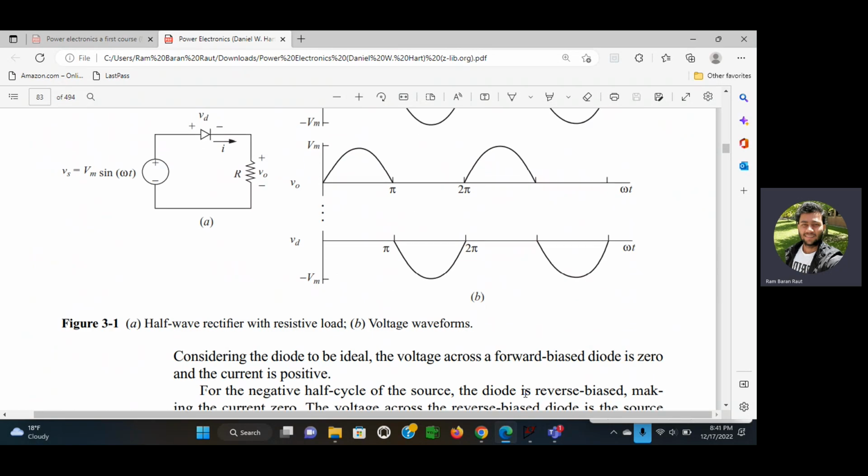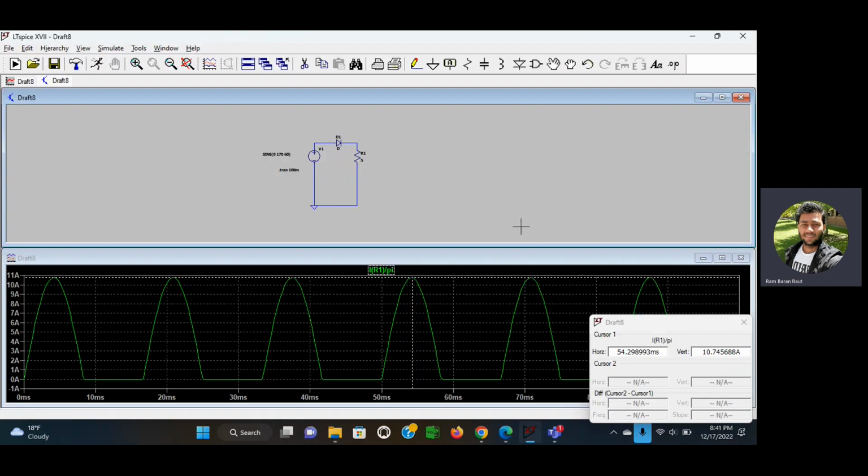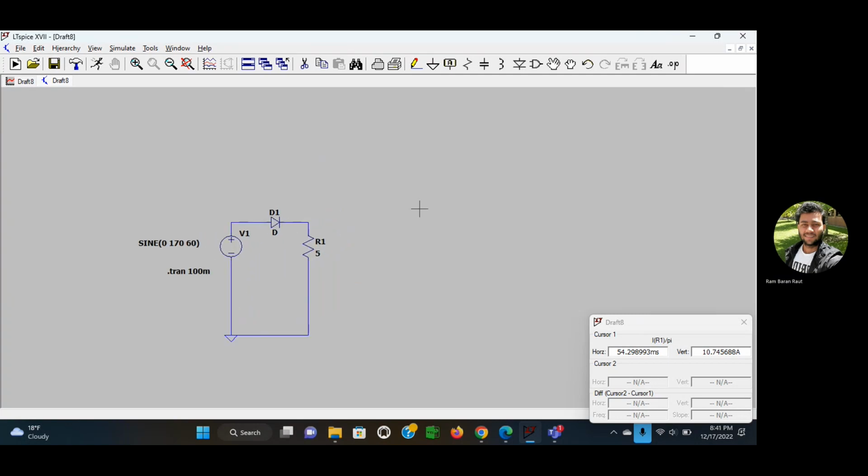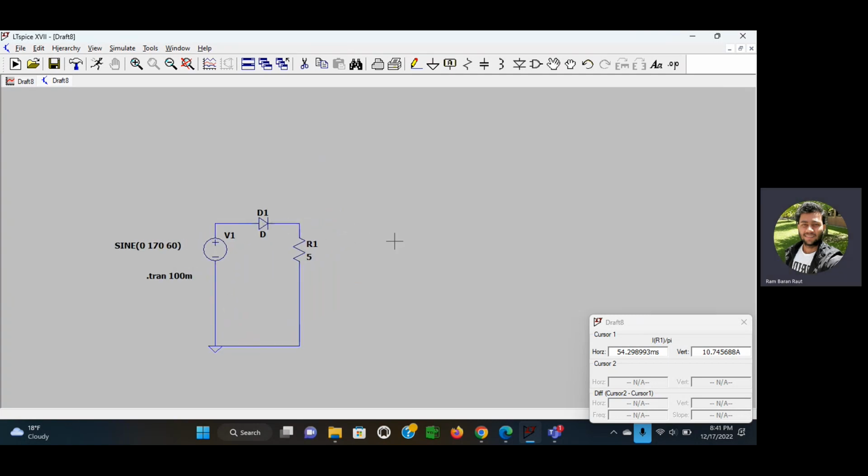So let me go to LTspice. Here the circuit is over here. I have already built that circuit. So let me make it bigger. For the 120 volt RMS, when we multiply by the square root of 2, we are getting 169.7, and I just rounded to 170, at 60 Hz.